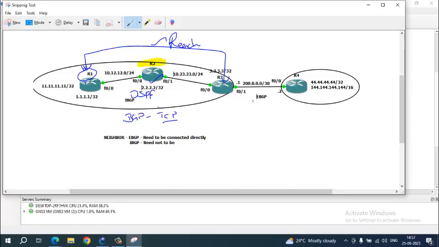Why should I go for BGP when BGP has got nothing to do between R1 and R3? R1 and R3 are already pinging because of OSPF. What is the role of BGP? Nothing. Then why do I need BGP if they are already pinging?